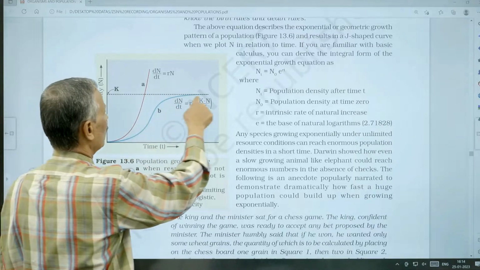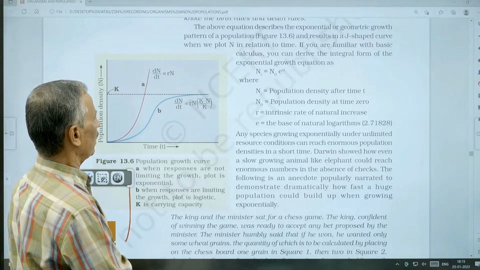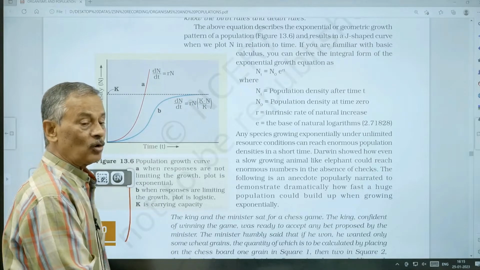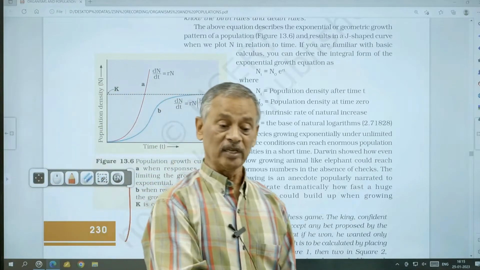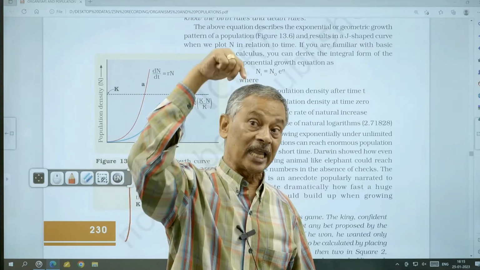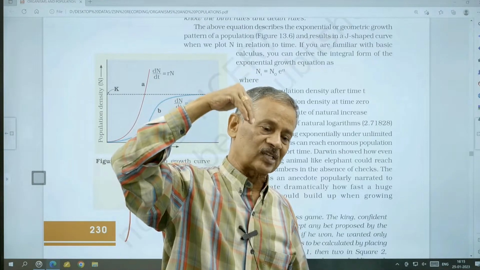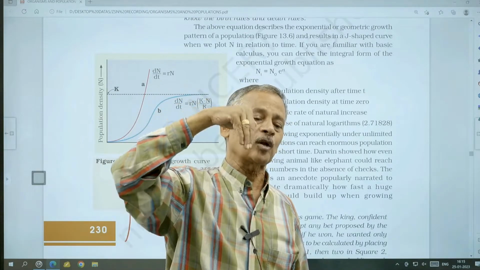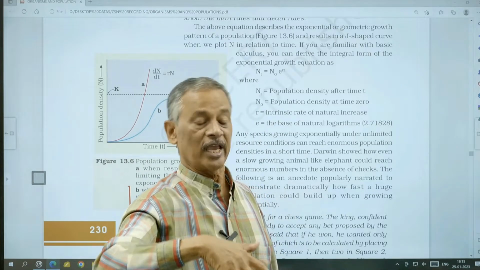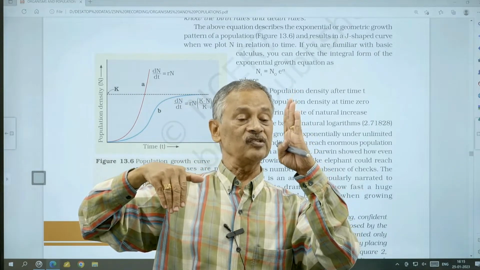This is for naturalistic population, realistic populations, where population cannot grow beyond a limit. Why? Because there is another factor called environmental factor. That is a pressure exerted on population by nature, a negative pressure. Okay. Intrinsic rate of natural increase is a positive one.